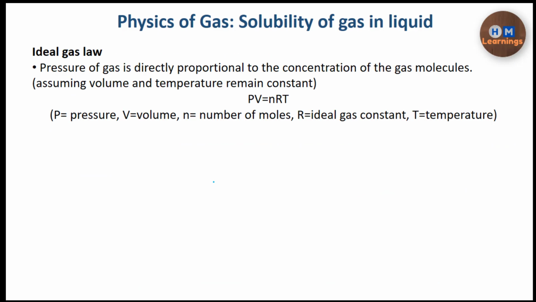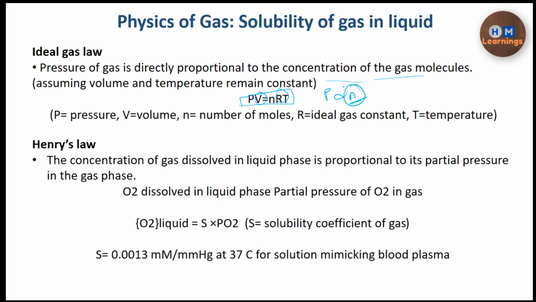Now next is the ideal gas law, that is, the pressure of gas is directly proportional to the concentration of gas molecules. When V and T are constant, P is directly proportional to n, where n is basically the concentration, the number of moles. Then Henry's law says that the concentration of gas dissolved in the liquid phase is directly proportional to its partial pressure in the gas phase, that is, the partial pressure of oxygen in the gas.